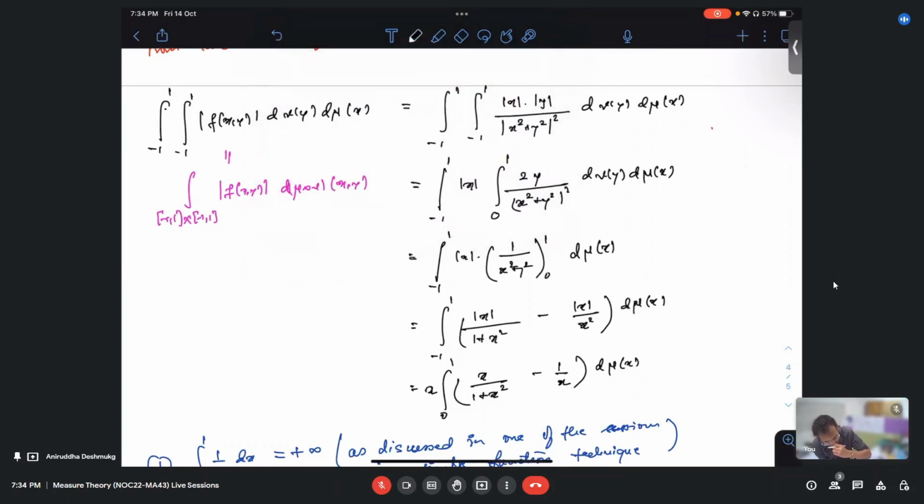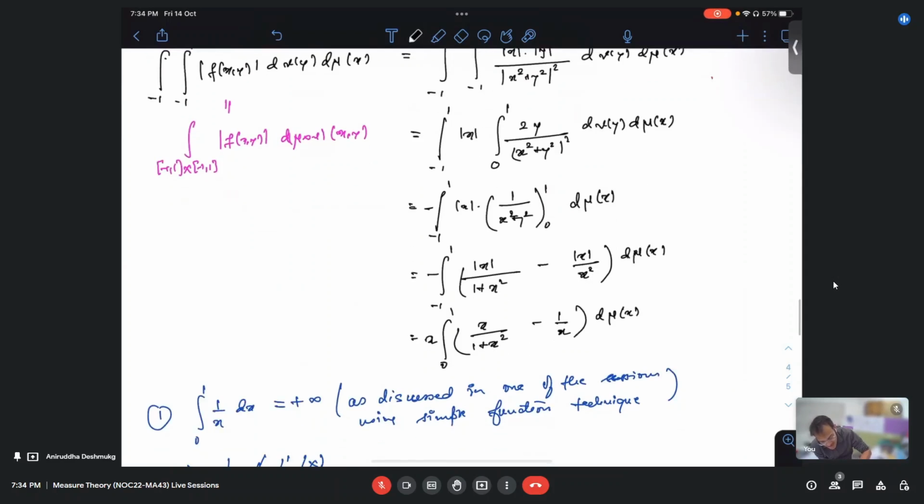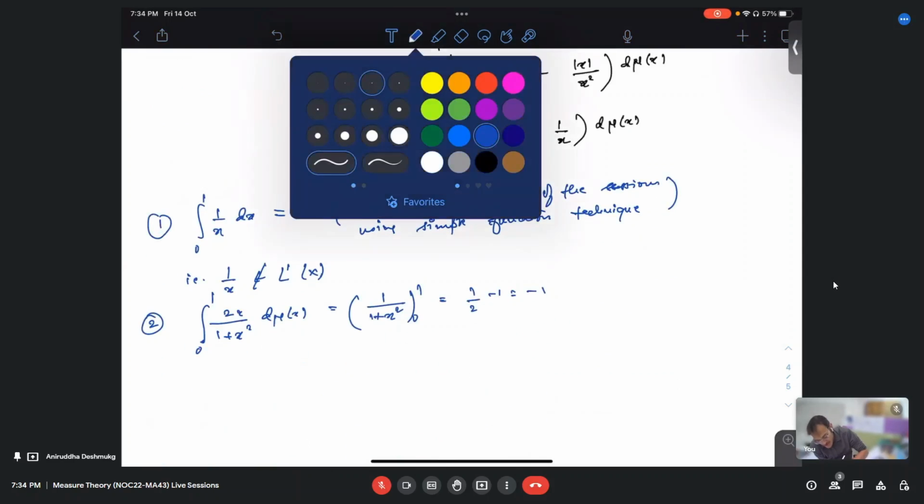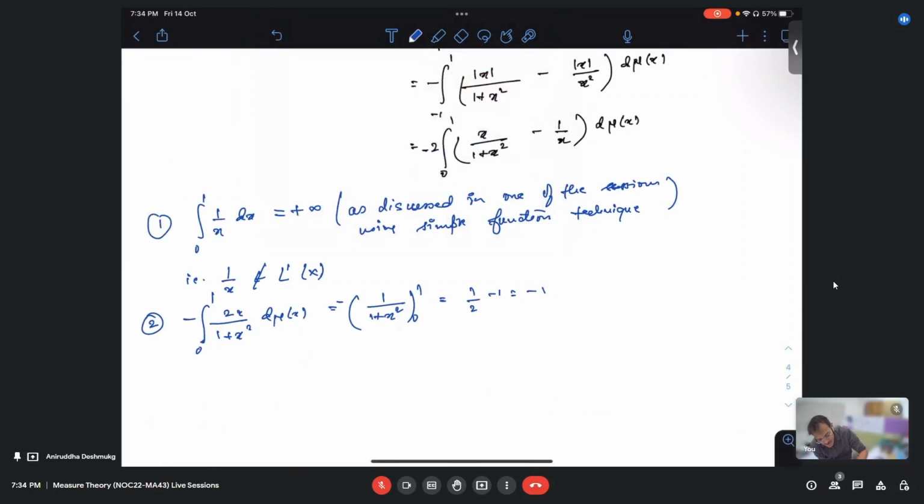Right now it is 2y over x square plus y square, so when we differentiate it, yes, it should come with a minus sign. So here there is a minus sign, and here outside again there is a minus sign, minus 2 times. So if I start with a negative sign here, then everything is negative. So it is plus 1.